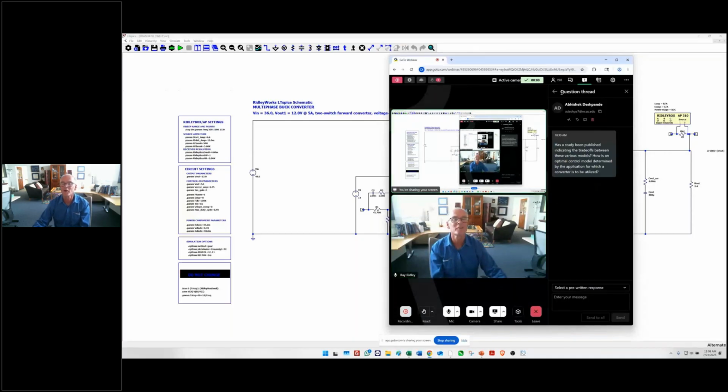All models, all analytical techniques are by definition flawed and approximate, and you don't know how approximate they are until you go measure the circuit. So no, there's no comparison, there's no paper, there's no study. Go ahead and write that out for me. That would be nice.